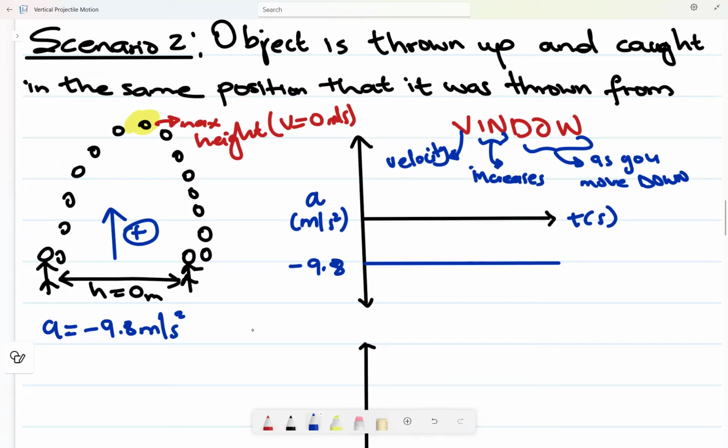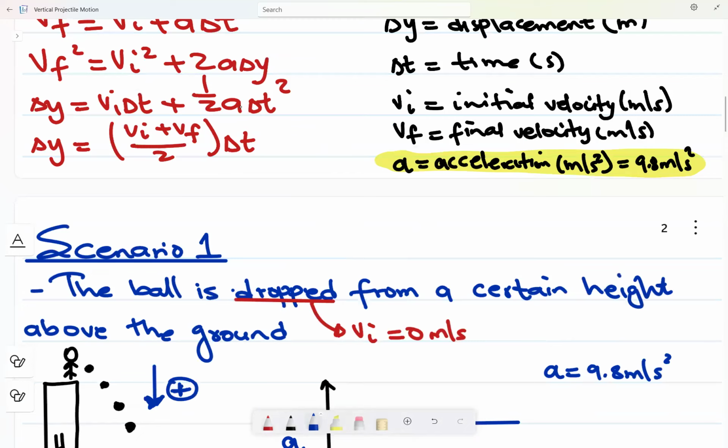Okay, as you move downwards, the velocity does what? Increases, meaning as you go up, the velocity does what? Decreases.